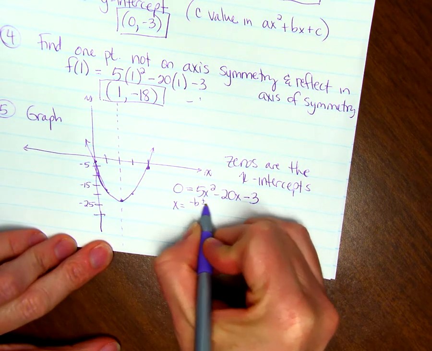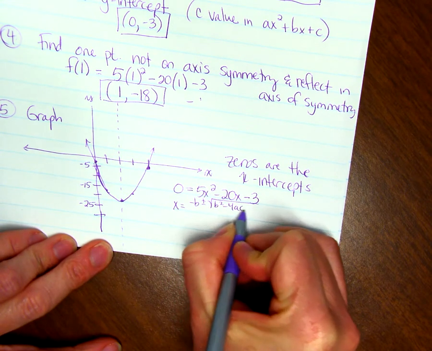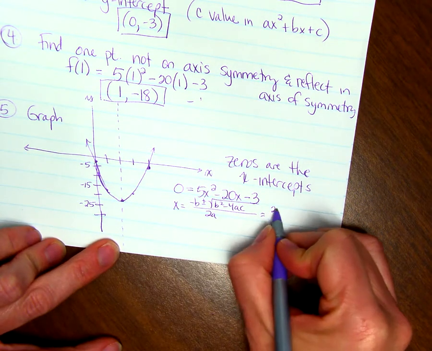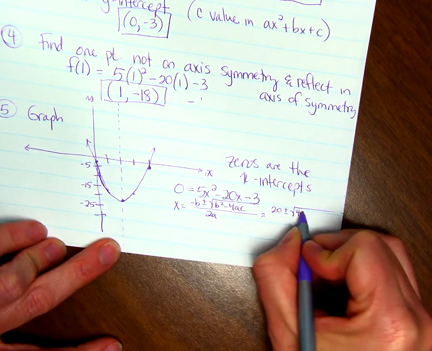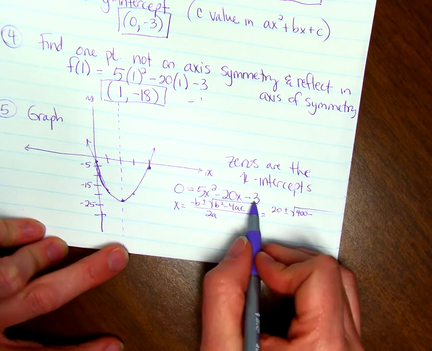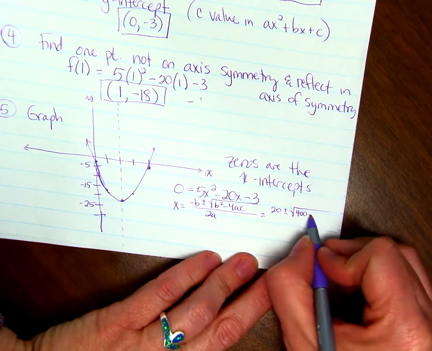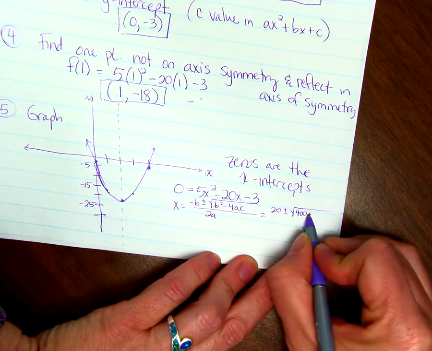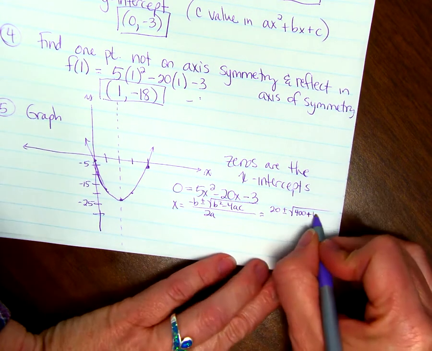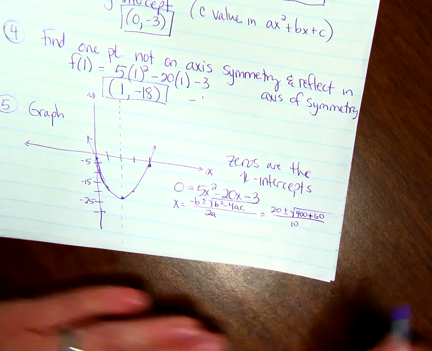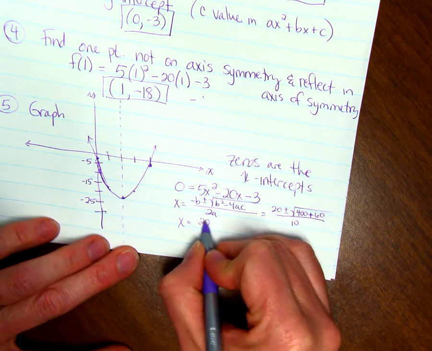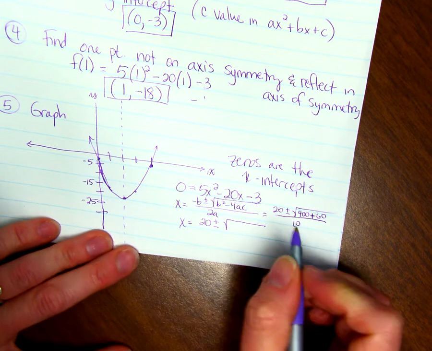x equals negative b plus or minus the square root of b squared minus 4ac, all over 2a. Hopefully we have learned that already. So negative b would be 20 plus or minus the square root of 20 squared, which is 400, minus 4 times 5 times negative 3. I'm going to add, because when we multiply by a negative, this becomes a plus. 4 times 3 is 12, times 5 is 60, all over 10. 400 plus 60 is 460, so we have 20 plus or minus the square root of 460.